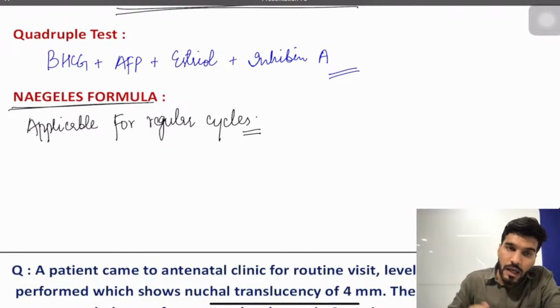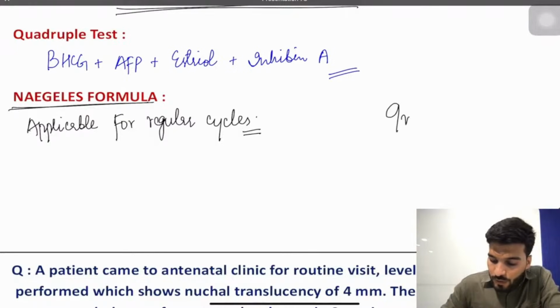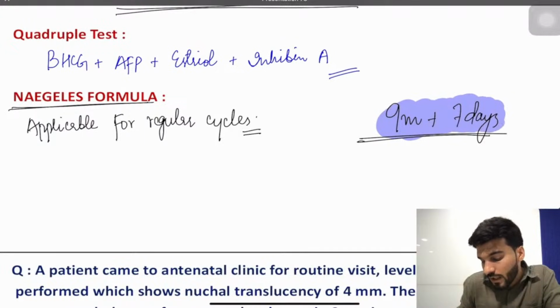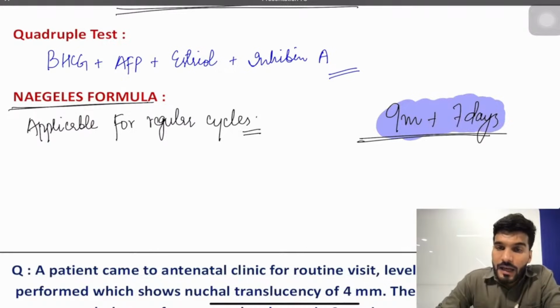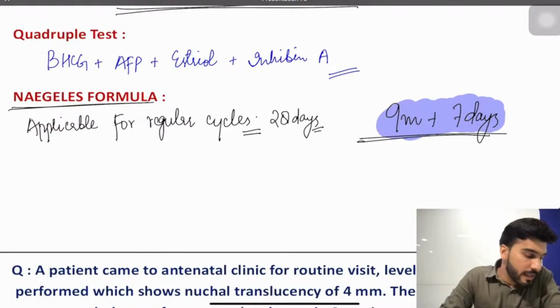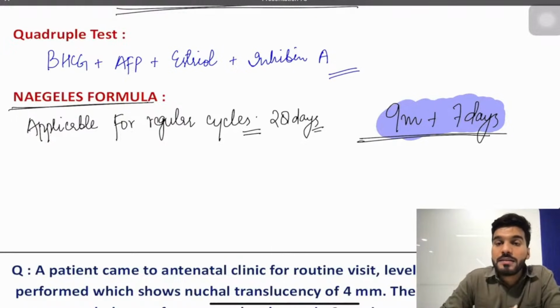Now the Naegeli's formula: from the LMP, you have to add 9 months plus 7 days. You add these 9 months plus 7 days to the last menstrual period. LMP will be given, but it is only applicable for regular cycles, that is, 28 days. So if the question says the cycle is 29 days, 32 days, or 25 days, can we apply this formula? Yes, you have to apply it, but with changes.